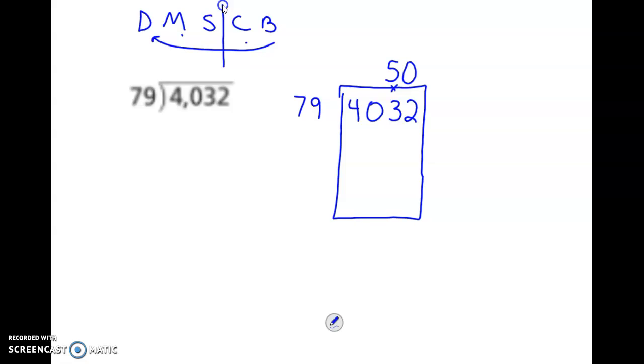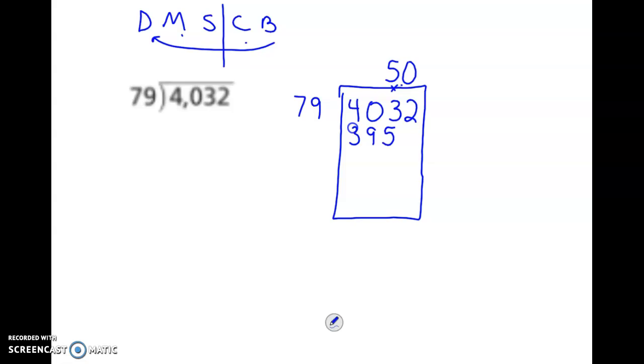Now, I'm going to multiply that 50 times the 79. So I'm really wishing I hadn't erased all my work, but if you look back in your problem in the textbook, 5 times 79 was 395.